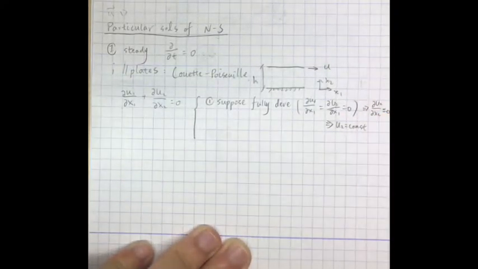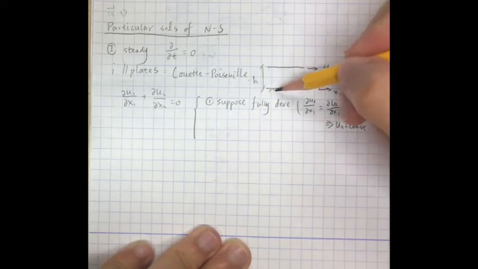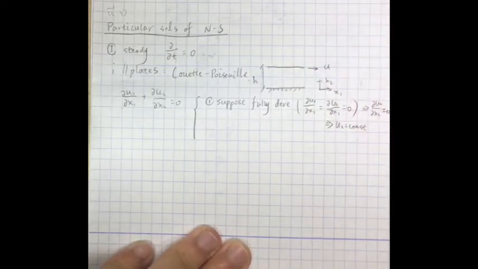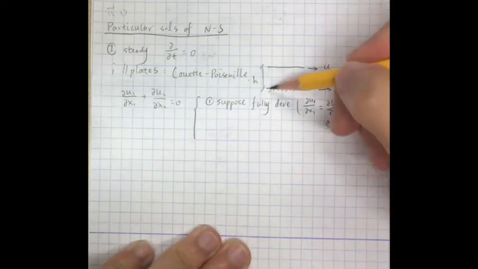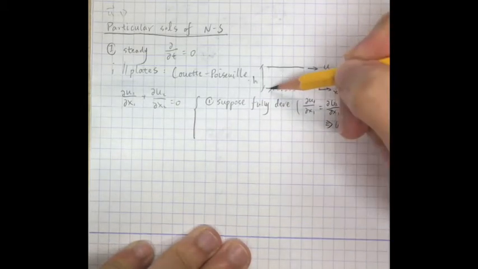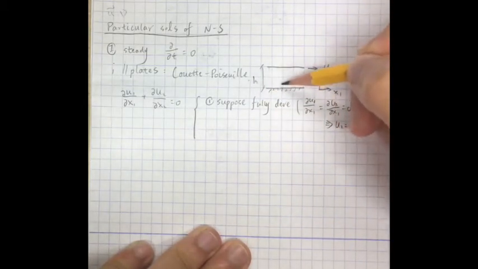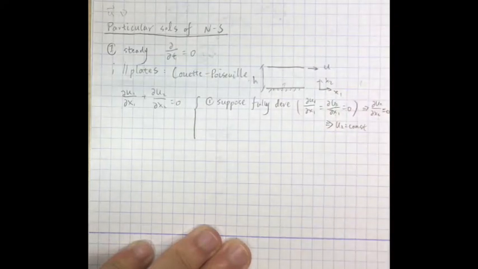And what is this constant? Well, here we need to introduce a boundary condition. Let's observe the lower plate, okay? Can a fluid very near the lower plate have a u2?